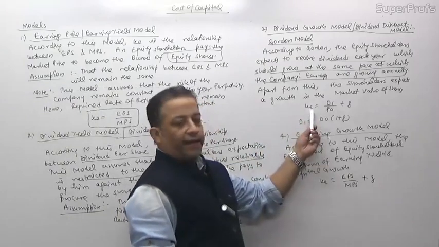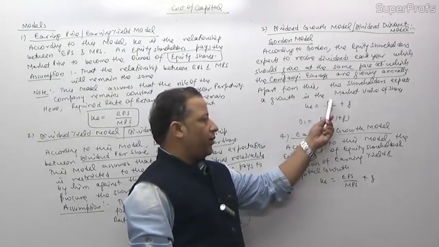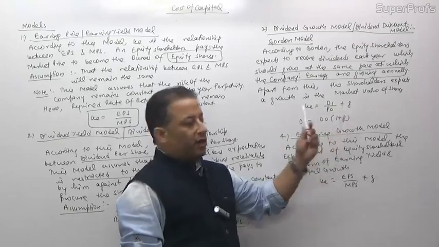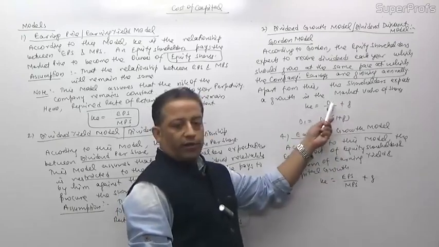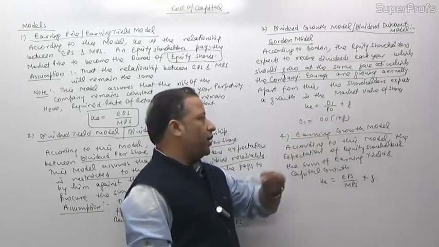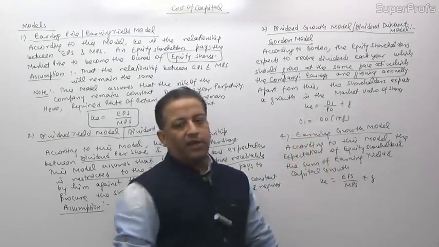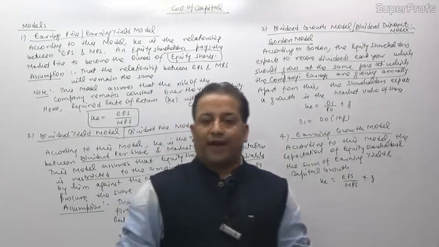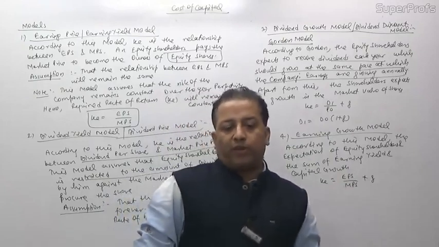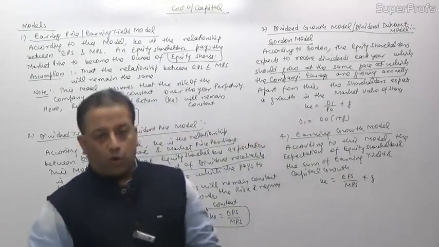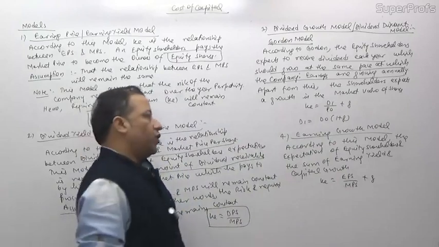So KE, the cost of equity, is equal to D1 divided by P0 plus G. D1 is equal to D0 into 1 plus G. D0 stands for the last declared dividend, and G stands for growth rate.